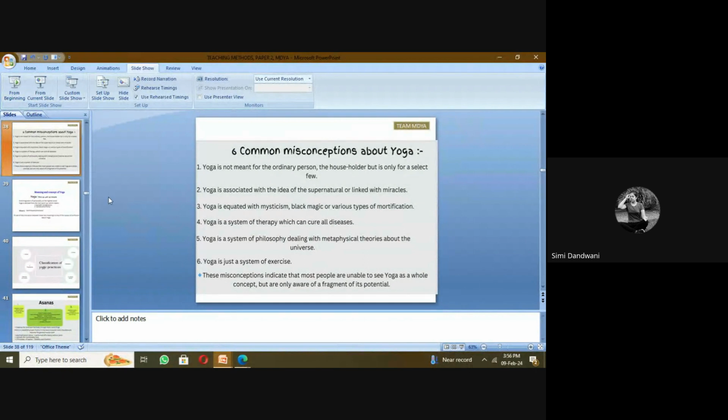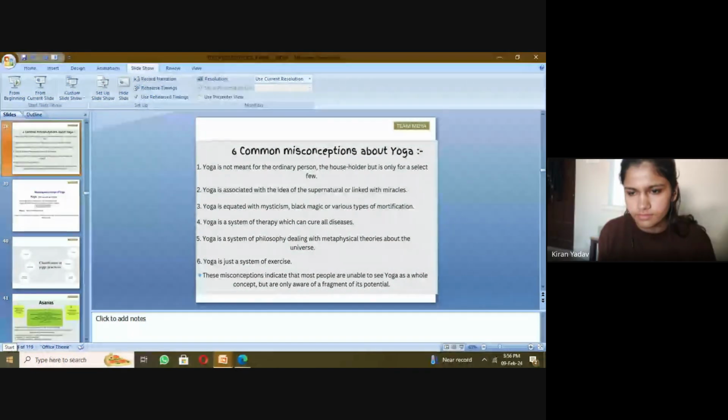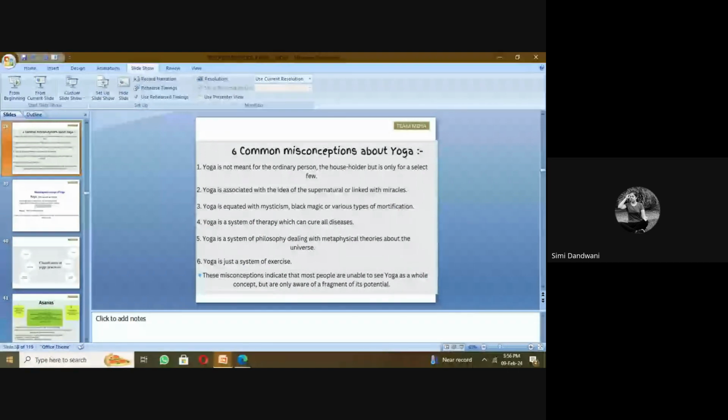Wait a second. Yeah, someone was asking about the 5th point. Yes. Okay.